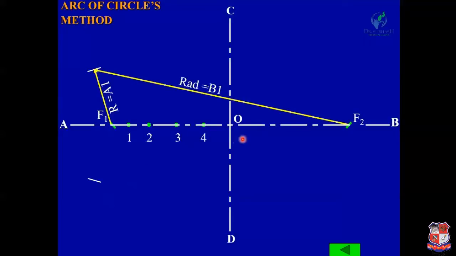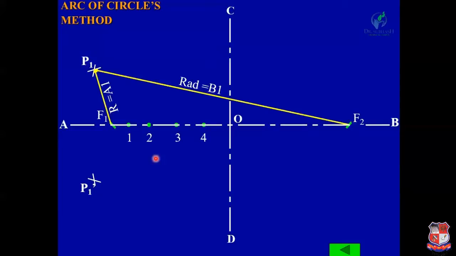Now with center F2 and radius equal to B1, draw arcs. The intersection points of these are P1 and P1 dash.